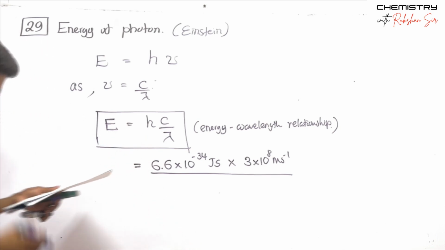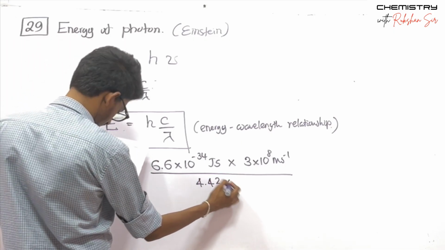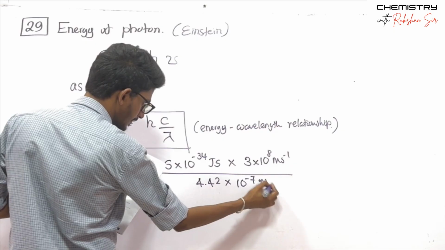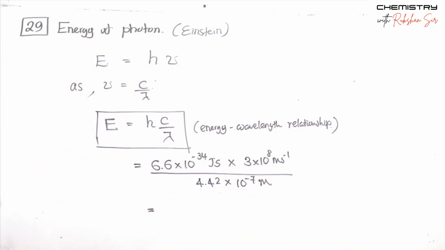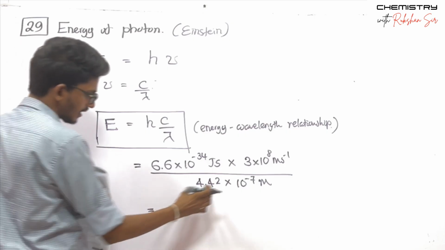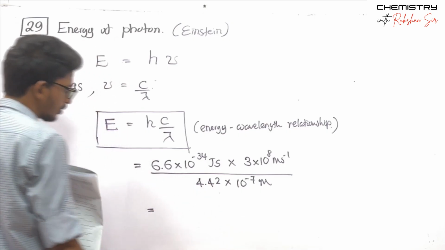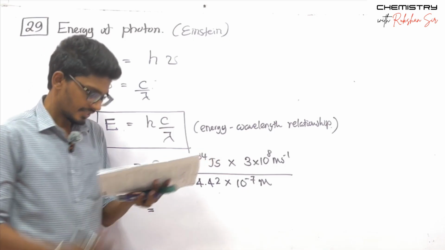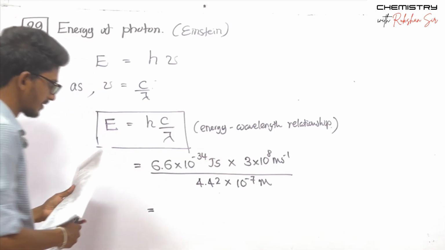Lambda is given in SI units, 4.42 × 10⁻⁷ meters. If you substitute the values in SI units, the answer also comes in SI units. So we can take this value as 4.4. No worries, an answer to the first decimal is okay, and as the answers are given with choices, you can come up with the closest answer there.